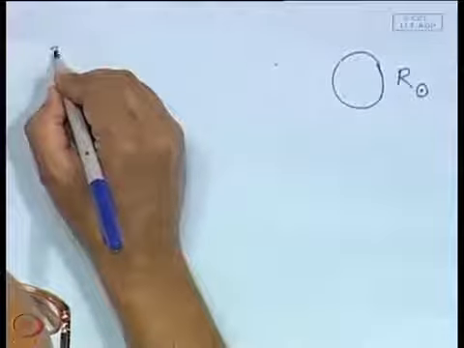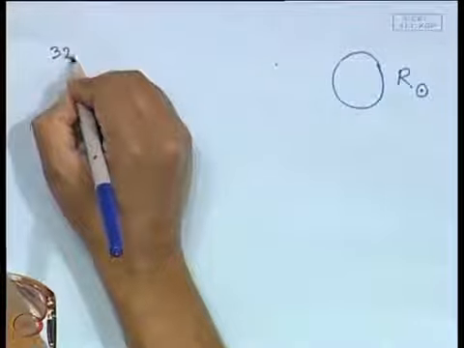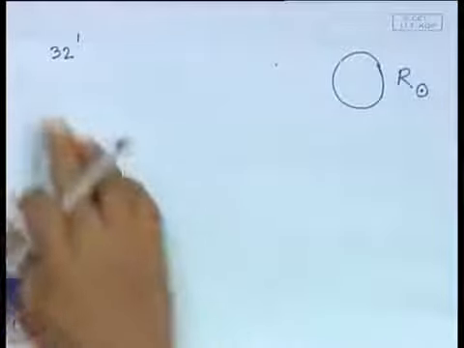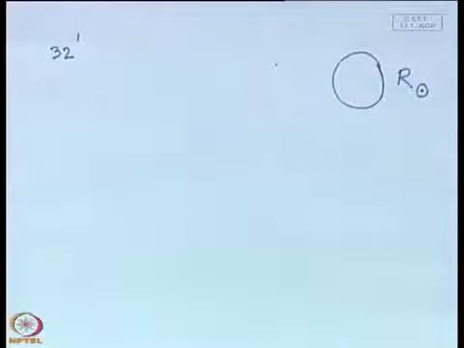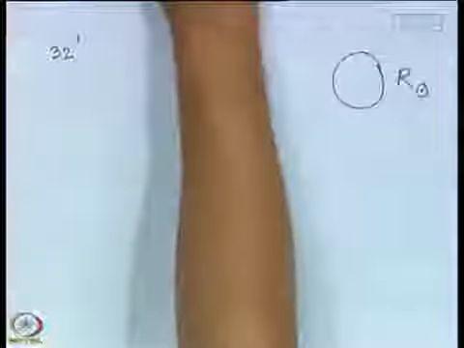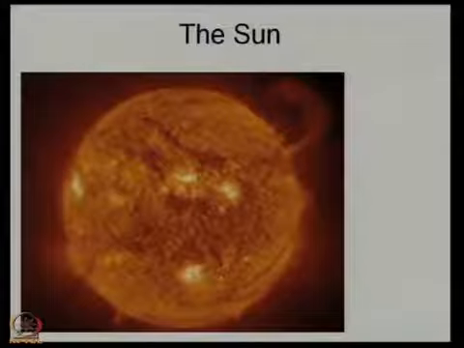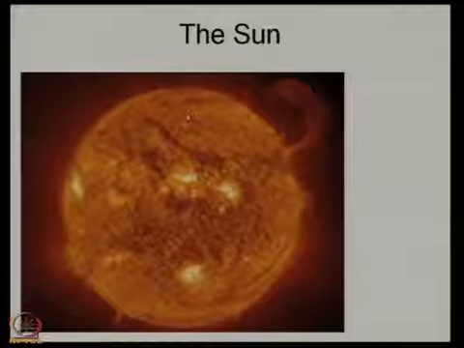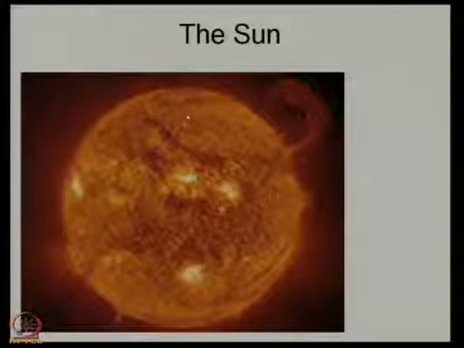Now, the sun is seen to subtend an angle of roughly 32 arc minutes on the sky. This can again be directly measured. If you take an image of the sun, the angle that it subtends on the sky is around 32 arc minutes.